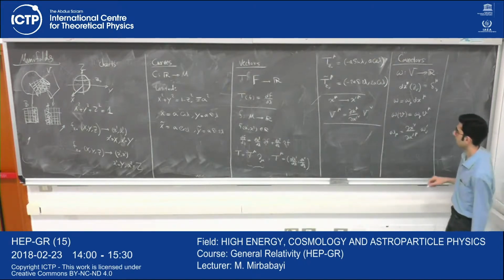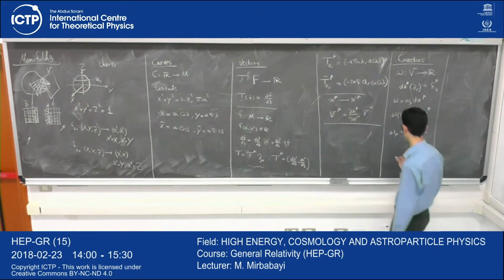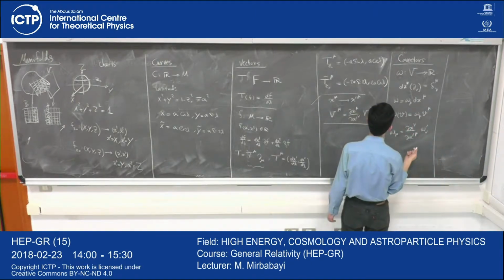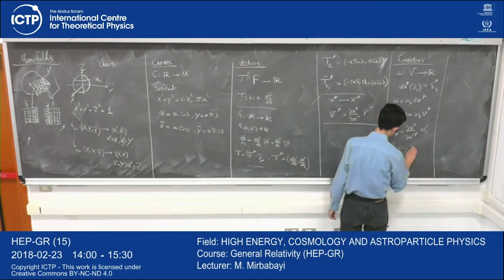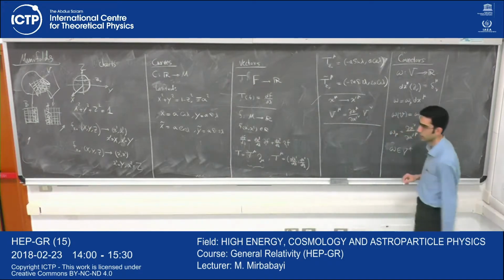And then the space of these objects is sometimes called V star. So omega belongs to V star, the cotangent space.